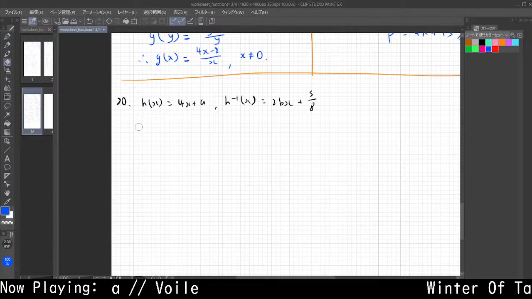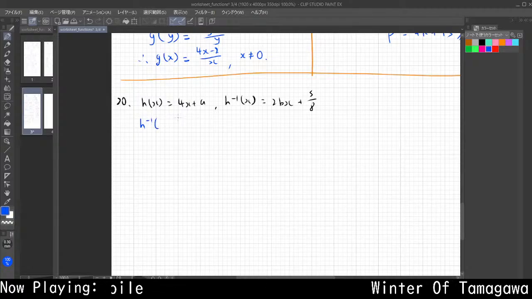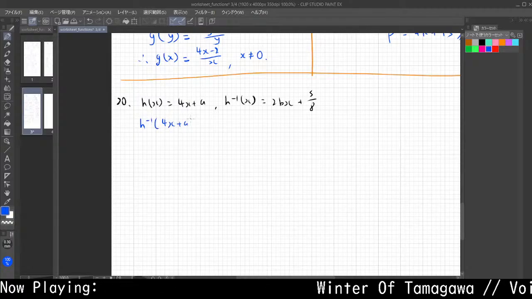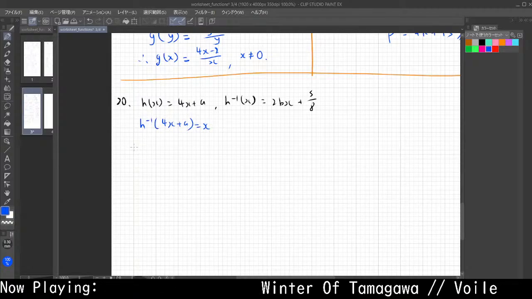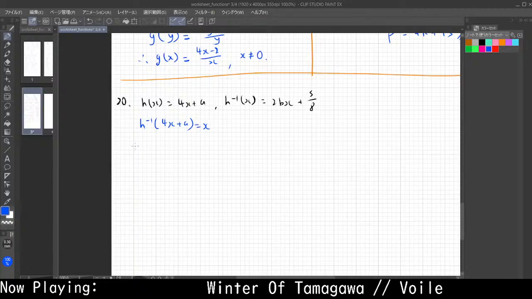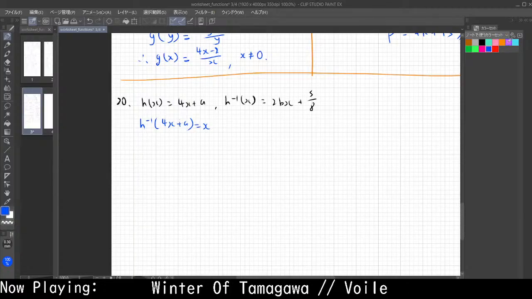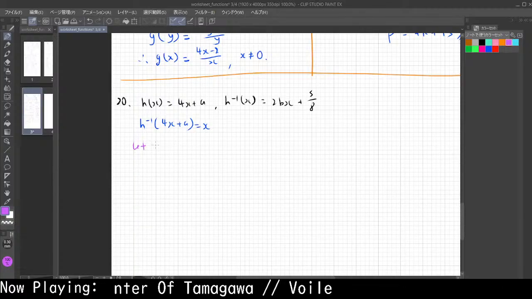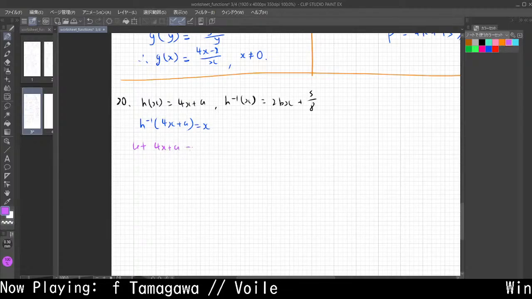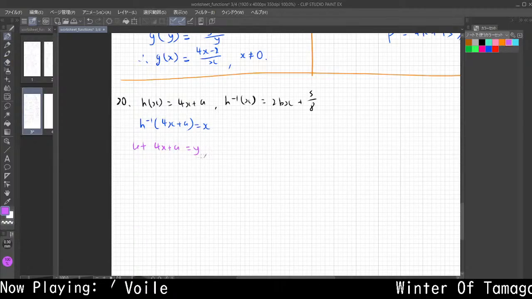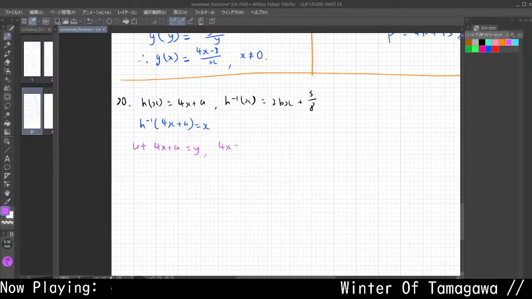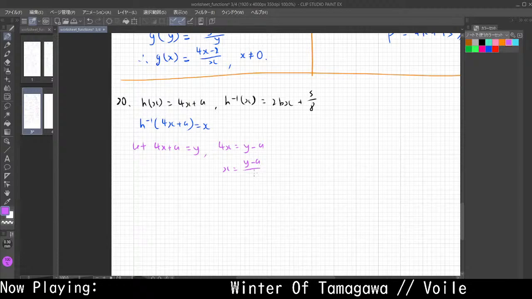It's easier to find the inverse on one side. So again, let 4x plus a equals y. Rearrange: 4x equals y minus a, x equals y minus a over 4.